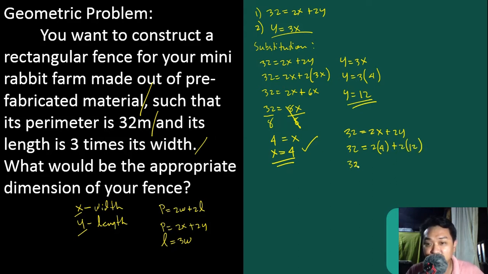Again, copy 32. 4 times 2 is 8. And 2 times 12 is 24. Now, 8 plus 24 is actually 32. 32 is equivalent to 32. Therefore, yung sagot natin na the length is 12 and the width is 4 is correct.